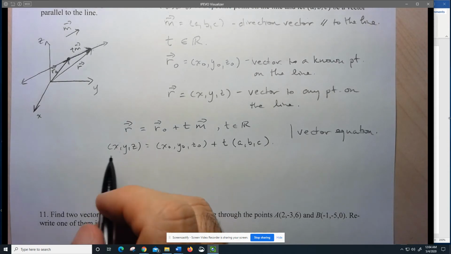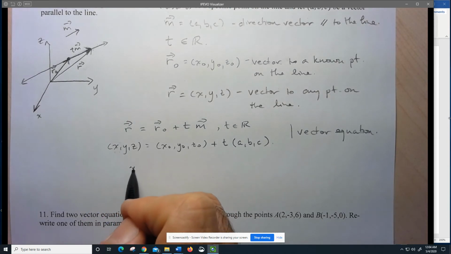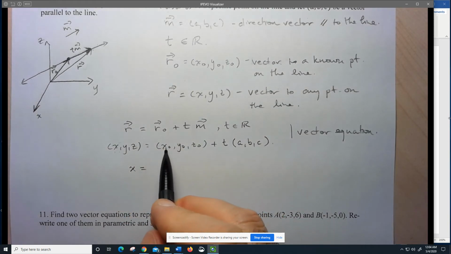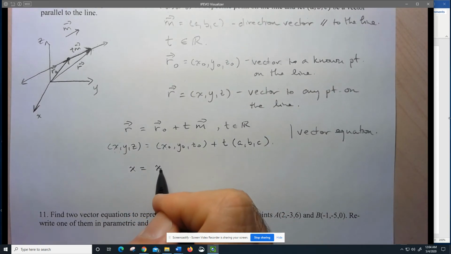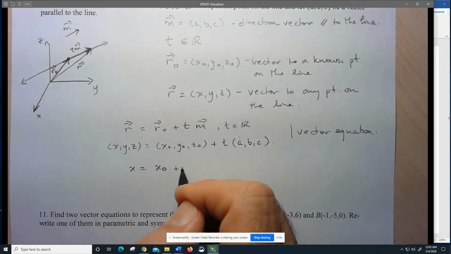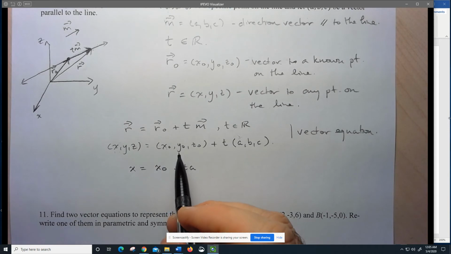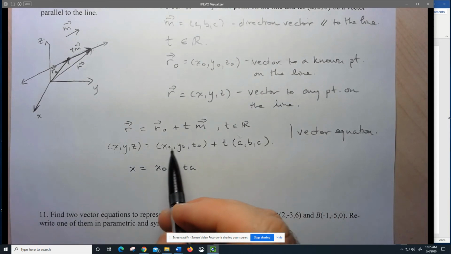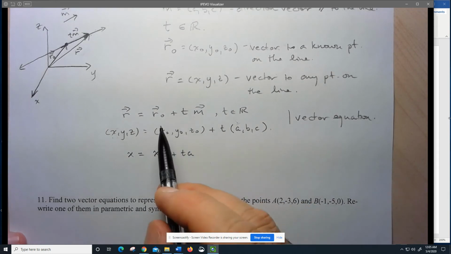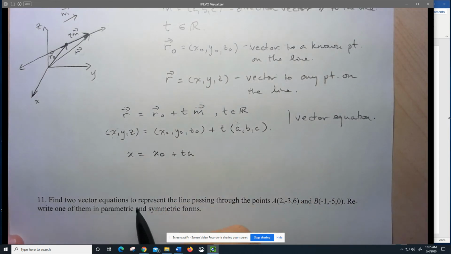Okay, so here, if I'm looking for the x component of a point on the line, what's that given by? It's just given by x naught plus t times a. So essentially, it's just using my characteristics of vectors, scalar multiplication and then vector addition, and that's just the x component.